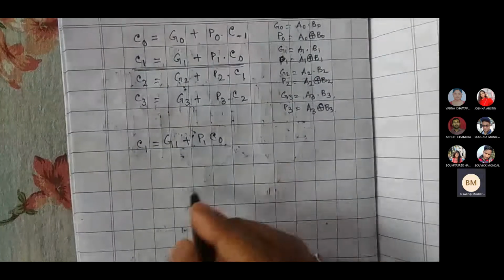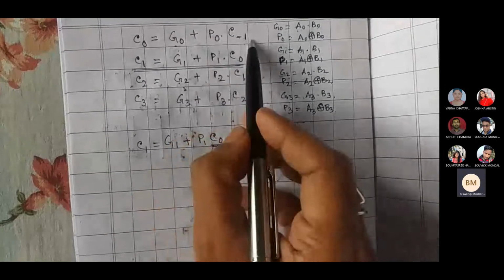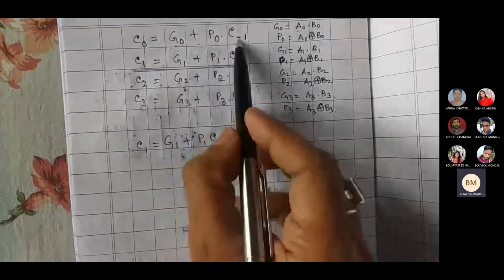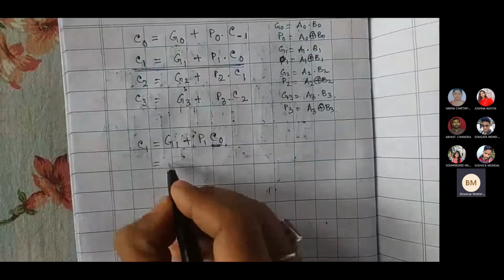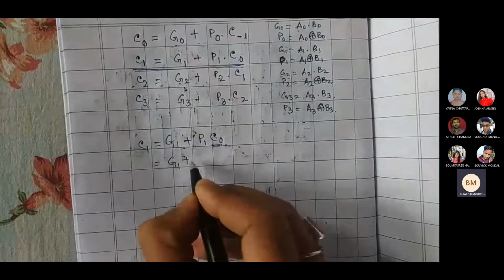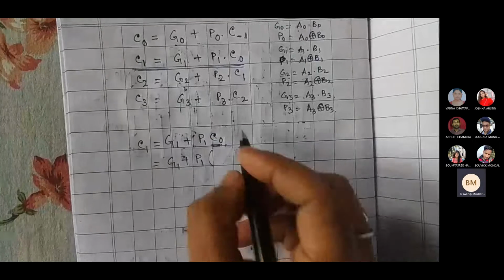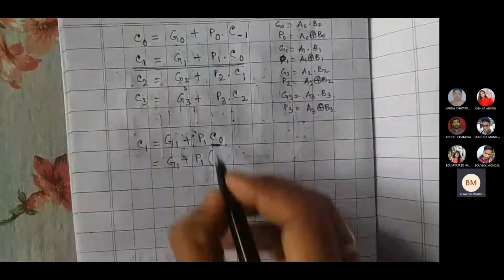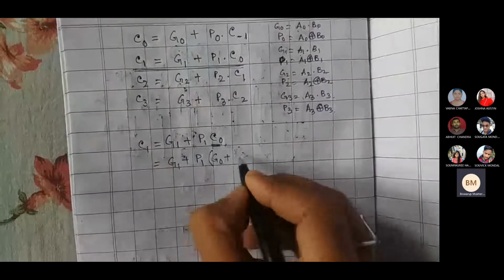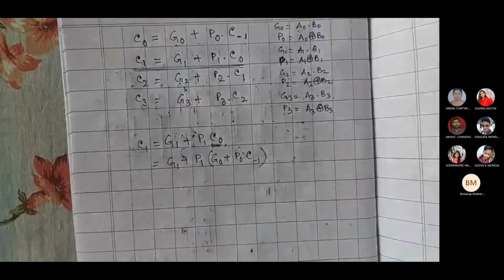Okay. Now C0, we have already got this thing, right? Already this one is our C0. So we can replace it. We can replace as G1 plus P1 into C0, and C0 I can write as G0 plus P0 C minus 1, right?